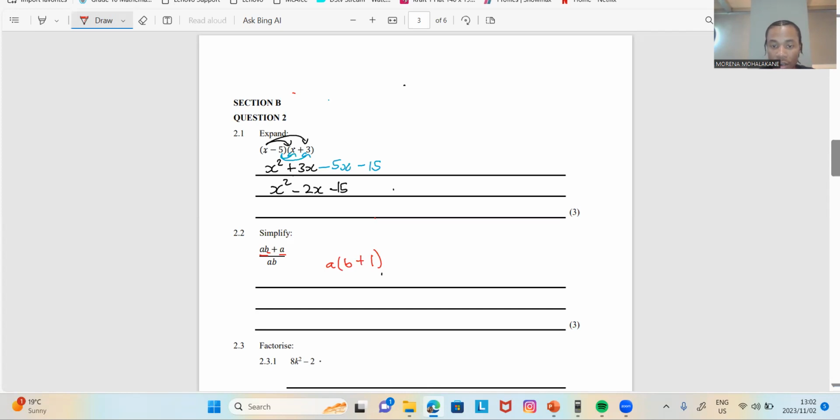Remember that when you take out a common factor, I have AB plus A. If I'm taking out a common factor, I'm saying that A is a common factor, so it's going to be AB divided by A plus A divided by A, which is B plus 1.